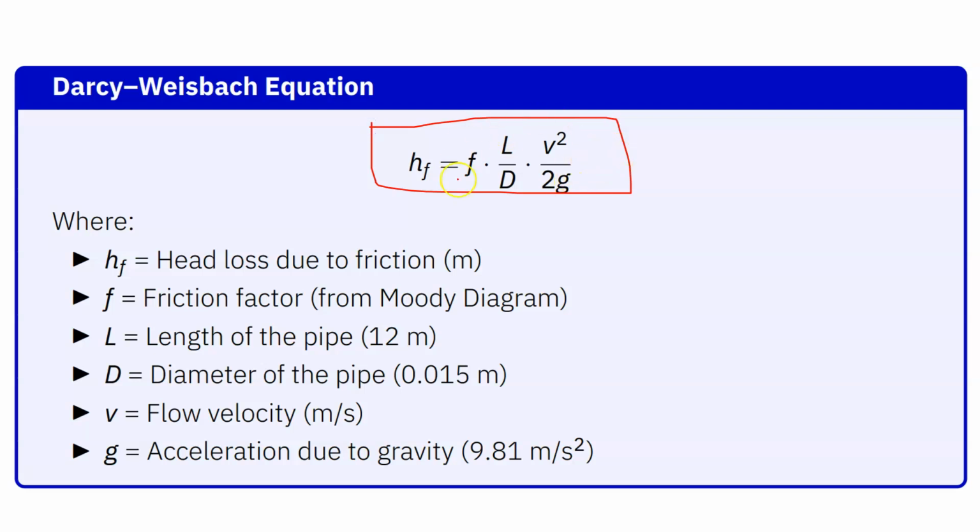Here hf is the head loss due to friction, in meter, and f is the friction factor from the Moody diagram, and L is the length of the pipe, that is given as 12 meter, and D is the diameter of the pipe, that is also given, 0.015 meter, and V is the flow velocity in meter per second, and g is the acceleration due to gravity, 9.81 meter per second square.